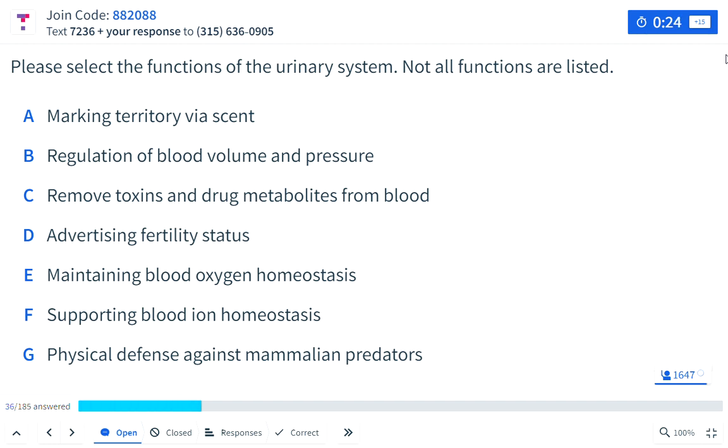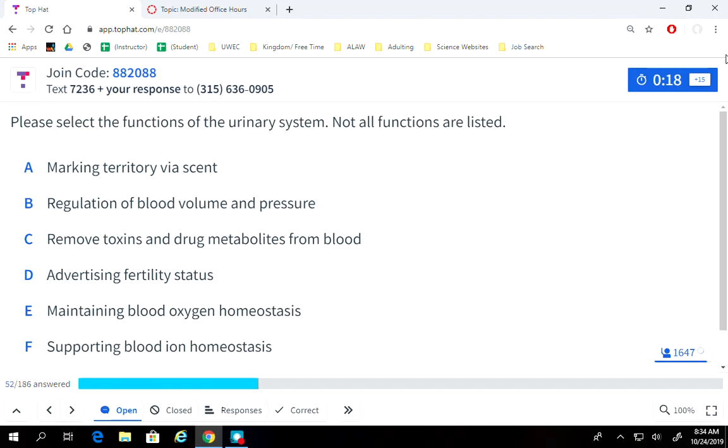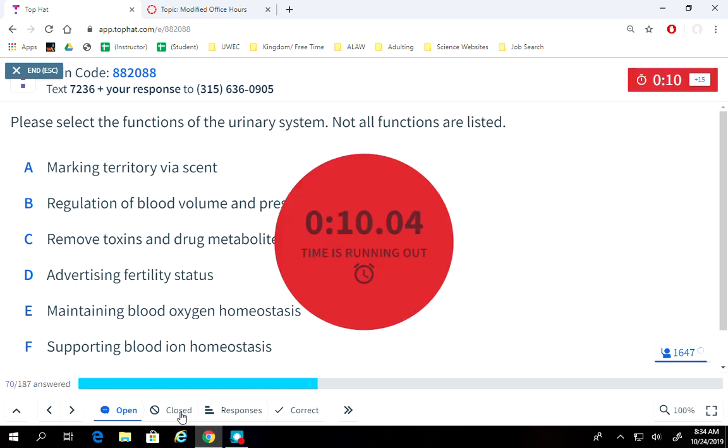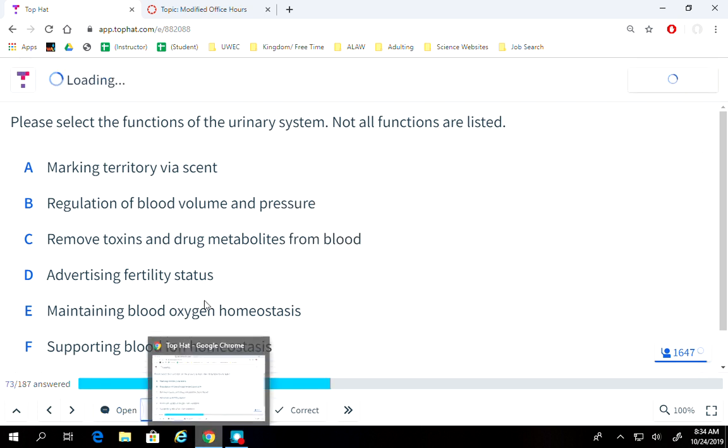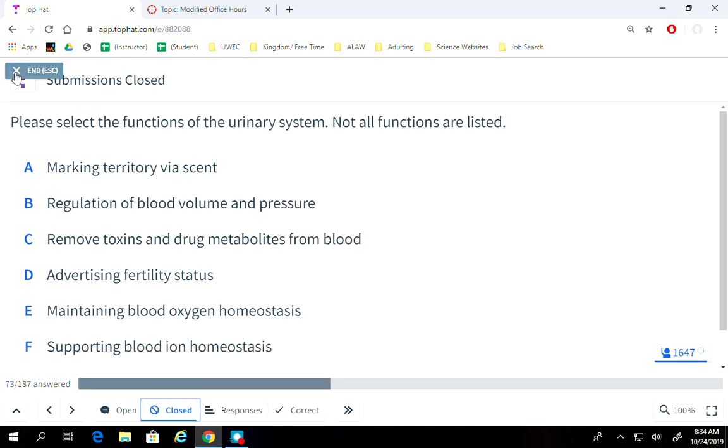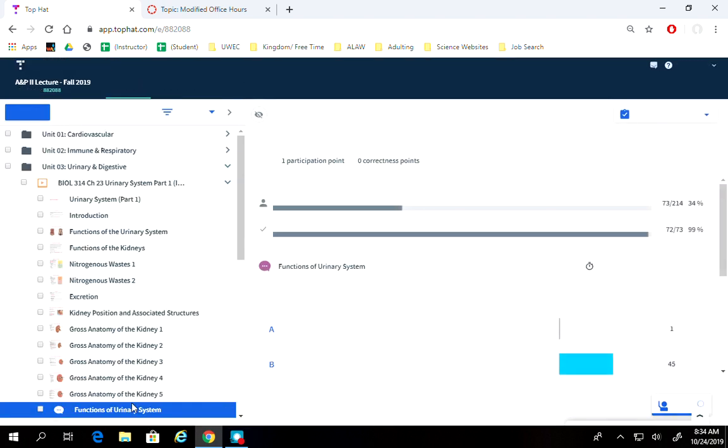Wait, you can't select all? You can, but hold on. This is frustrating for me. Can I pause? I don't think I can pause. I'm going to close it and reopen it, because I swore I clicked select all.